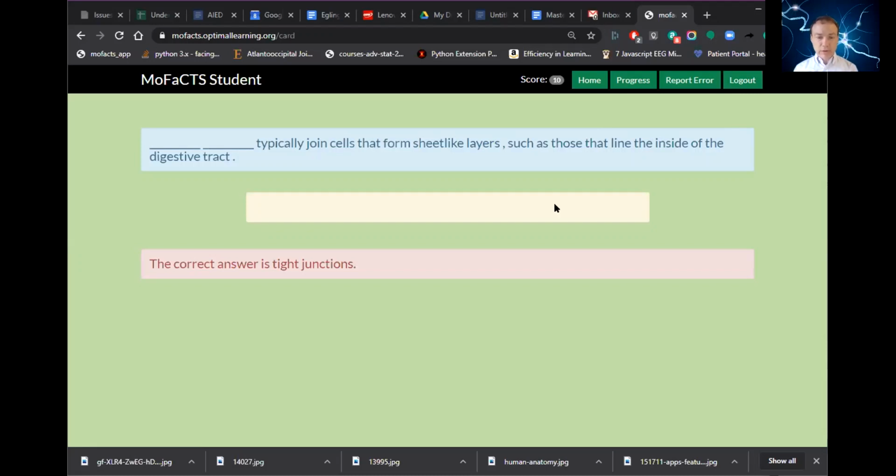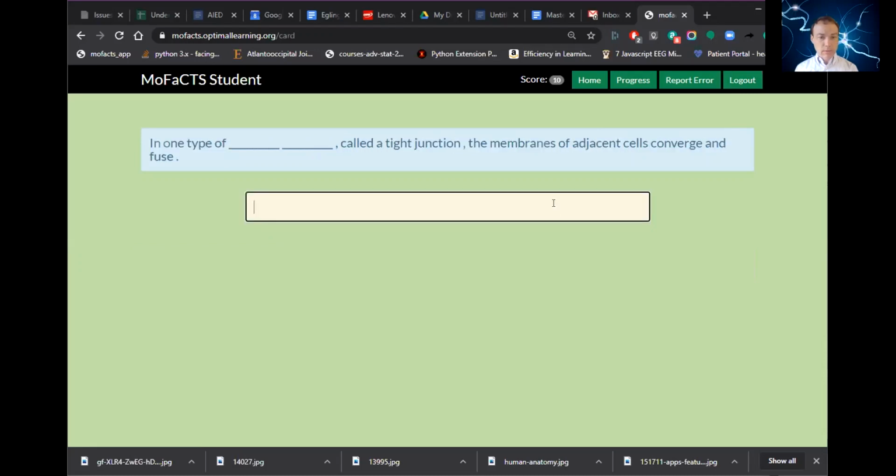That's how they can form a sheet. Intercellular junction called a tight junction. Sounds a little like a desmosome. Called the desmosome.